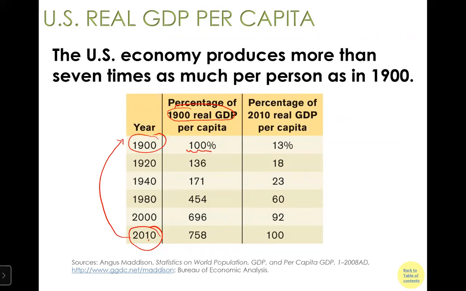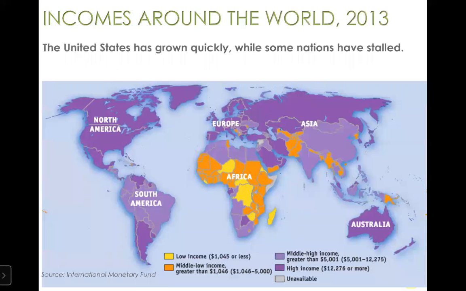One way to interpret this is that in 2010, the standard of living of a typical American is almost 8 times that of a typical American in 1900. This is the benefit of economic growth.